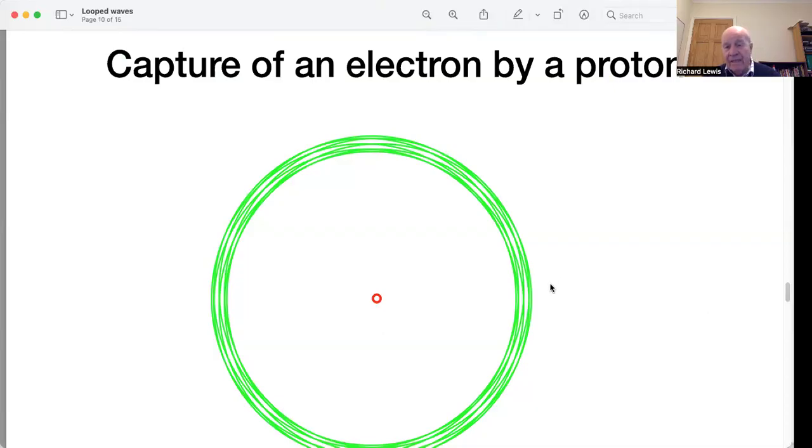And the reason for that is that the wave of compression and expansion follows a path around the nucleus, but as it reaches the adjacent point, we've got effectively compression and expansion, which corresponds to positive and negative charge within the wavelength. And so the next orbit of the wave tries to adopt a position which is half a wavelength displaced, so that we get compression next to expansion and expansion next to compression.